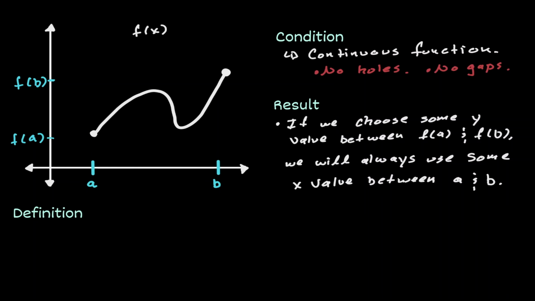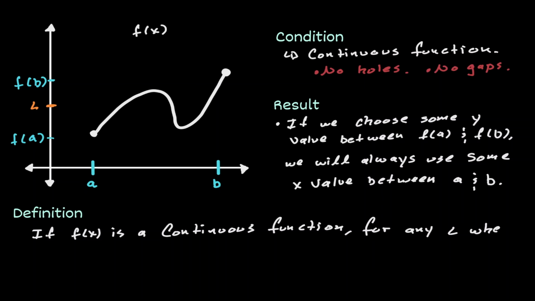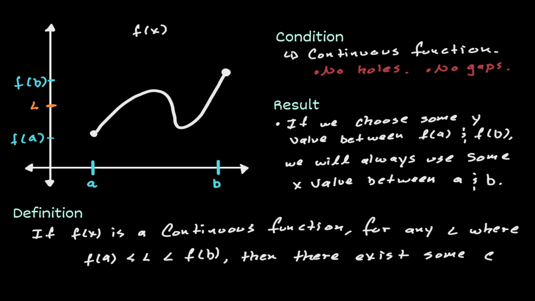We can say that if we have a continuous function, then for any value of L between f of a and f of b, so let's just choose this one here, then there exists some value of c between a and b, where if we were to plug in this c into the function of f of x, it's going to give us the L between f of a and f of b.